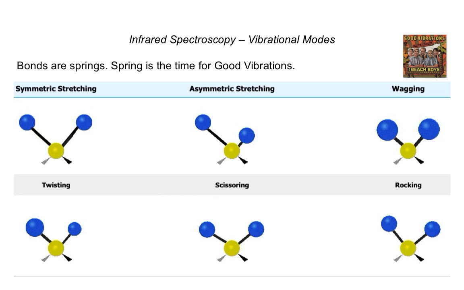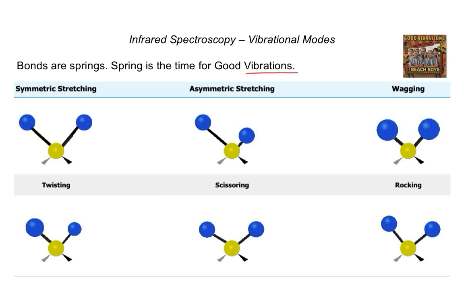So if you think of bonds as springs, there's different vibrational modes. And I'll explain that when we look at some data, why the signals look the way they do.